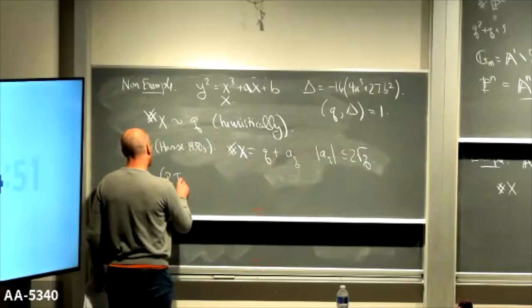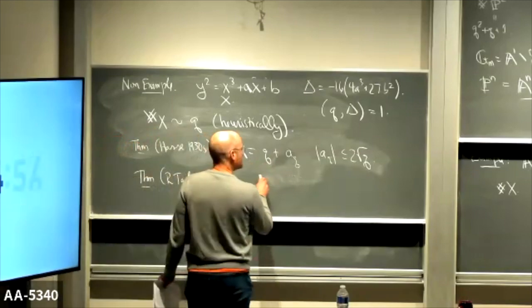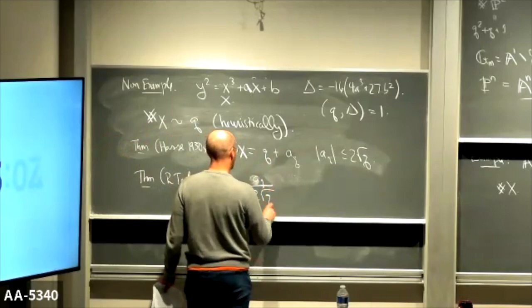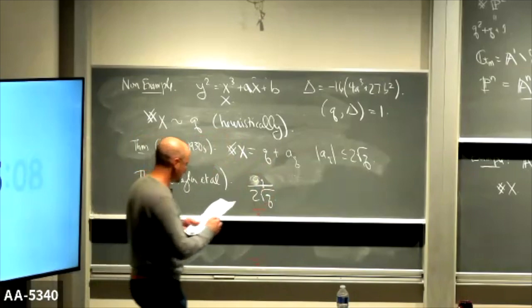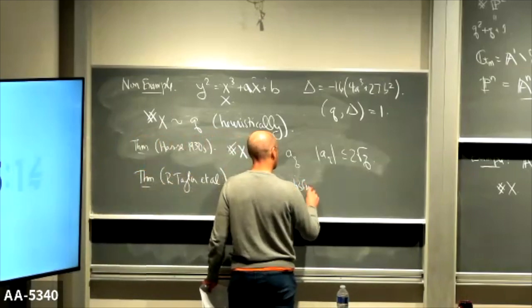So, and many others, says that if we look at a_Q divided by 2 square root Q, and we look at how that's distributed as Q grows, this satisfies Sato-Tate.